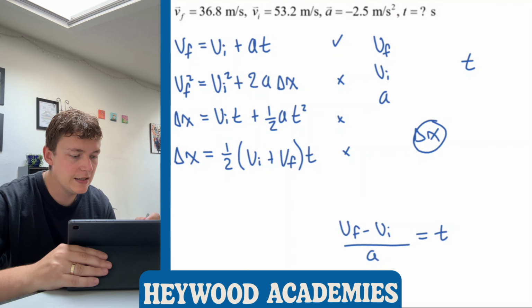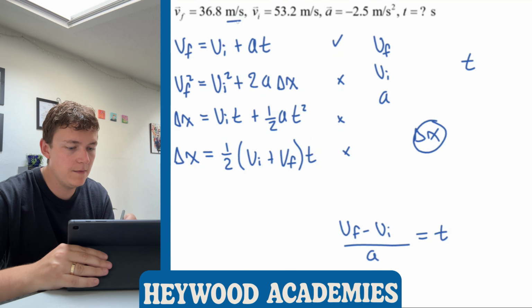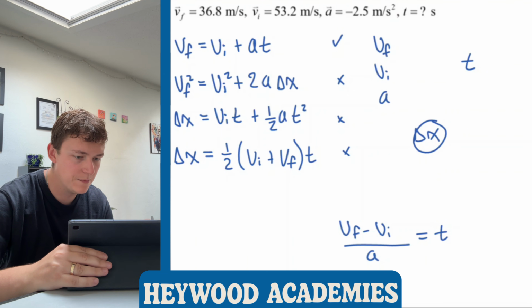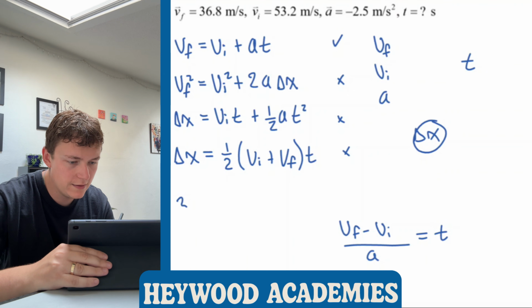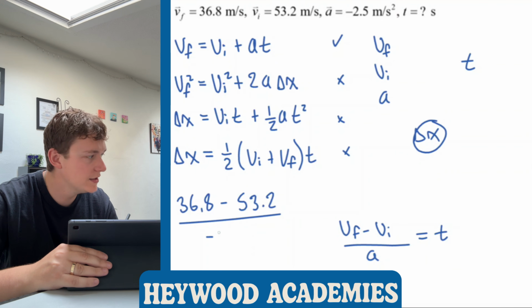Now we just need to plug in our numbers. If we look at all the numbers, everything is in our normal SI units, so we don't have kilometers or hours or anything like that, so we can just go ahead and plug this in. We've got 36.8 as the final, minus the initial, 53.2, divided by acceleration, which is negative 2.5.